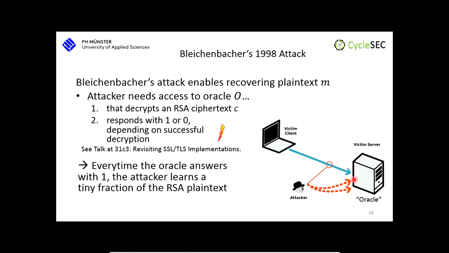So every time the oracle answers with a 1 or with true, the attacker learns a tiny fraction of the RSA ciphertext. There's a mathematical formula where you could put everything in, and if the attacker does this a few thousand times or so, he can learn the full ciphertext. He doesn't get the RSA private key. We can only decrypt this single RSA ciphertext.